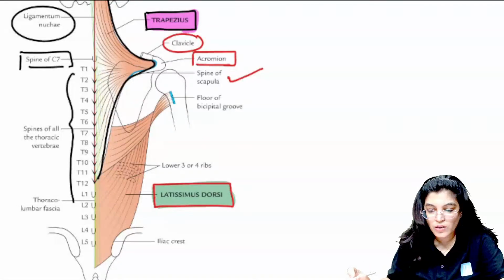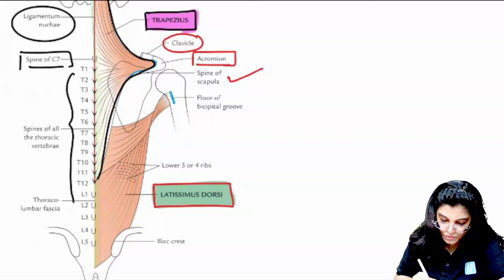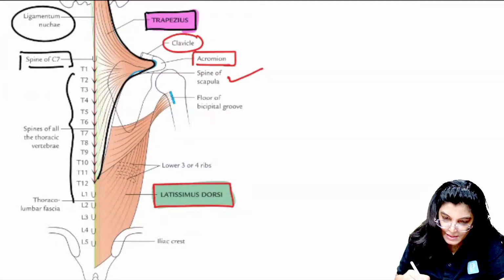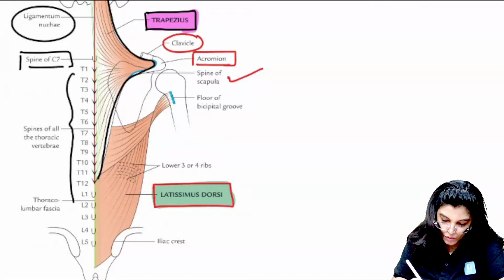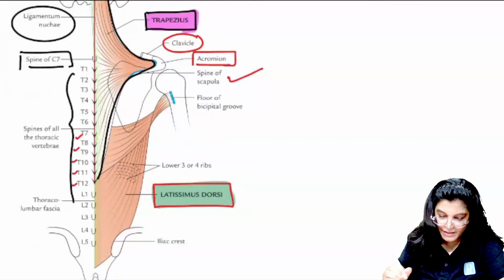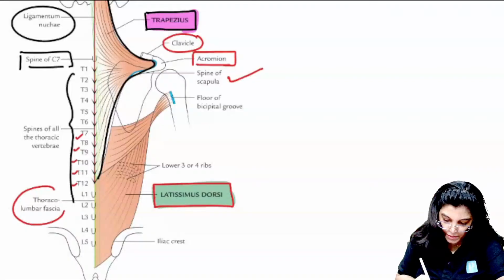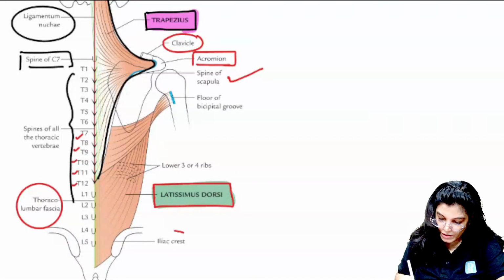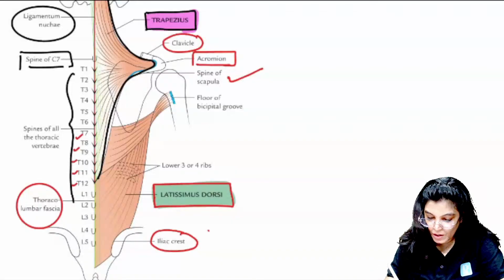It arises from the spines of the lower 6 thoracic vertebrae. From the lower 6 thoracic vertebral spines, it originates. Also from the posterior lamina of the thoracolumbar fascia, also from the outer part of the iliac crest, and also from the lower 3-4 ribs.